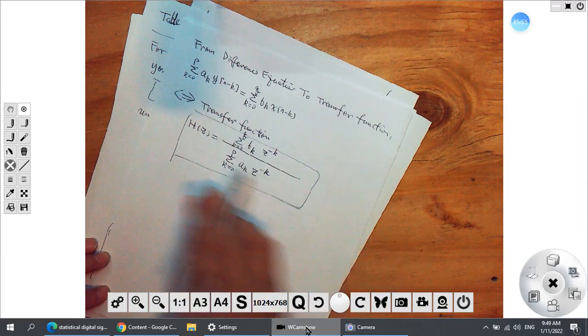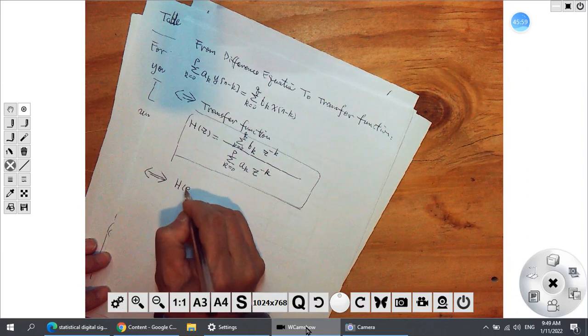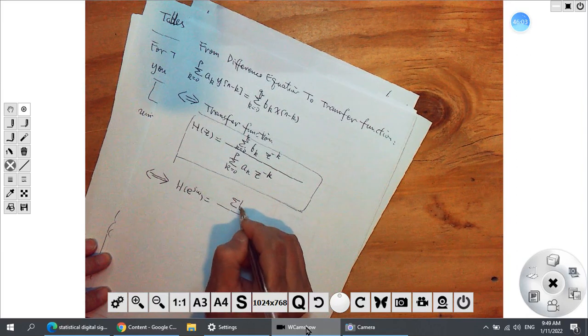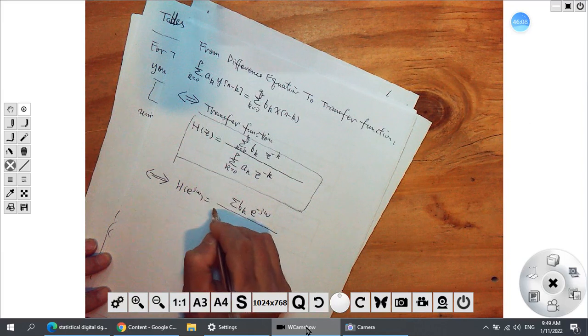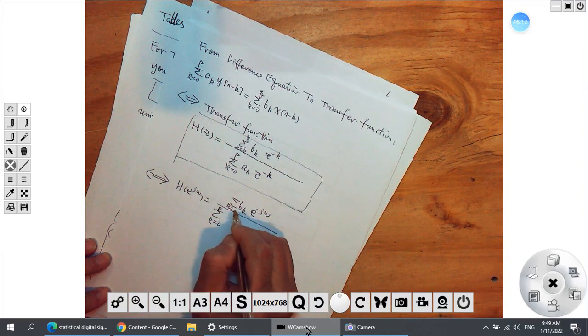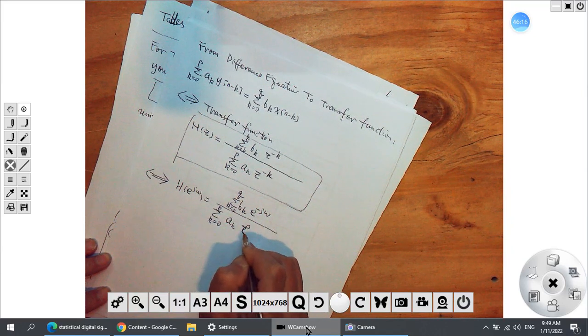And when you have this one, you have the frequency response, which is the summation of b_k e to the negative j omega k, k running from 0 to q, over the summation of a_k e to the negative j omega k, k running from 0 to p.